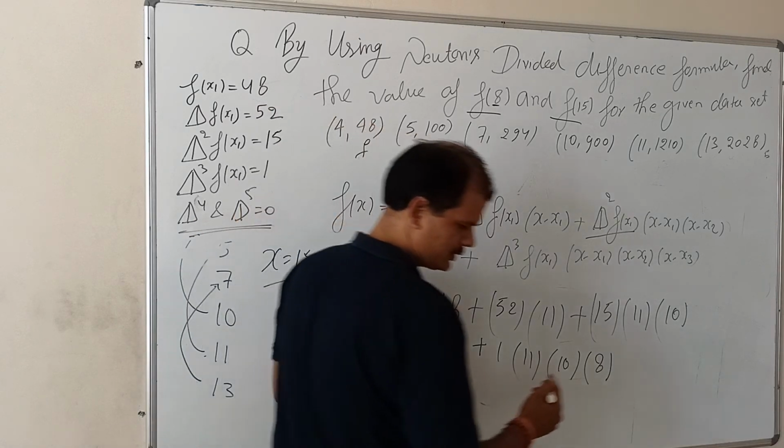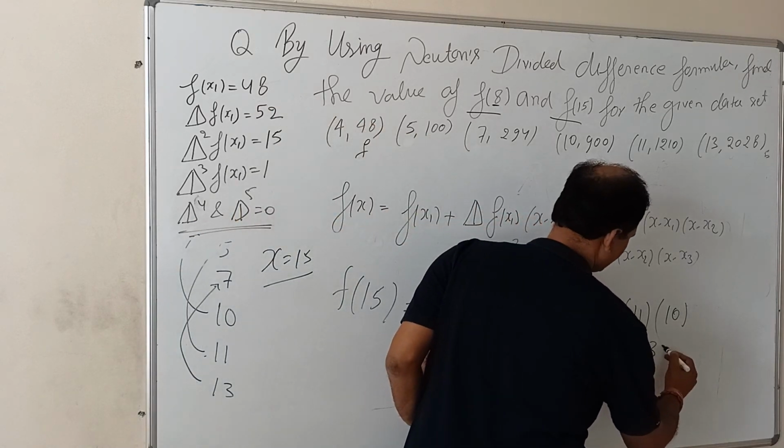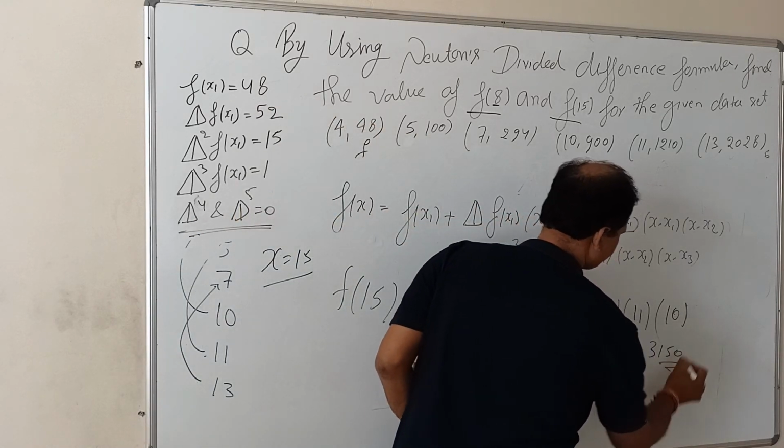Fine. And when we simplify, we get 3158.